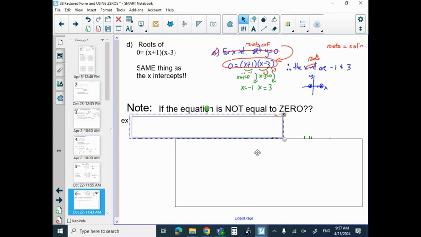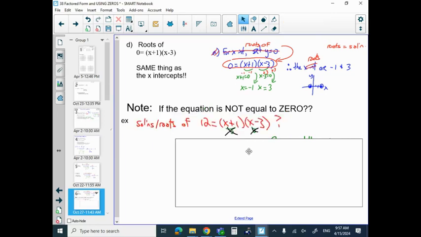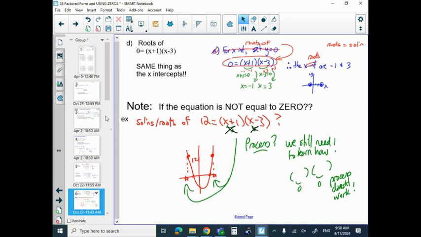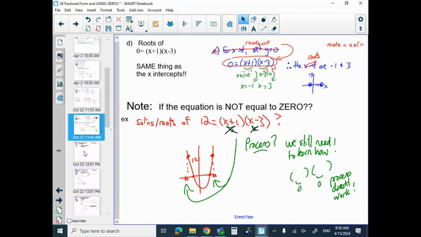If the equation wasn't equal to 0, we'll see how to do this. I'll come back to that as a lesson, but if it's equal to 12, let's say, you'd have to multiply this out and then take away the 12 from both sides to get a 0 version, right? Because obviously this process of setting each factor to 0 wouldn't work. Okay, so we'll be doing that soon.